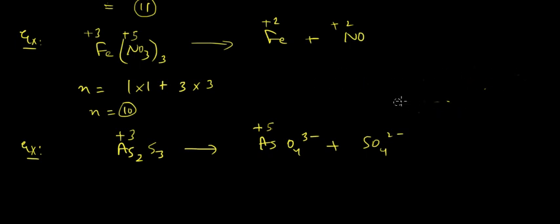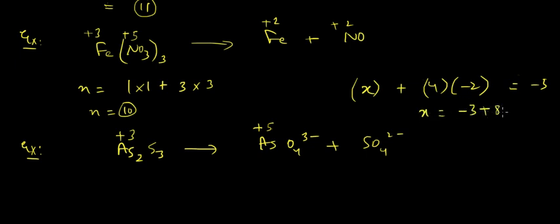You have to calculate the oxidation state of As, so let it be x, plus the oxidation state of O, -2, and the number of atoms of oxygen present is 4, equals -3, as the charge on the ion is -3. So x would come out to be -3 plus 8, so x would be 5. In a similar manner, the oxidation state of S can be calculated as +6.